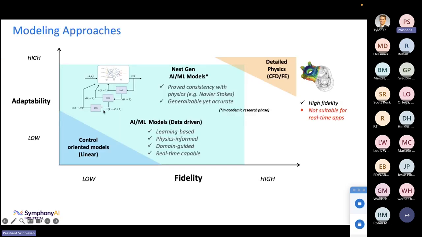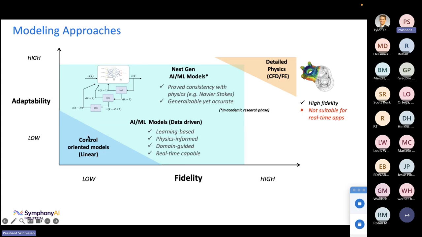So in terms of modeling approaches, in general, there are different types of modeling approaches that you might use depending on your application. In the controls community, typically linear control-oriented models are very commonly used just because they are computationally less expensive and they can easily be run online. The problem, though, is that they are not very adaptable and also they are low fidelity.